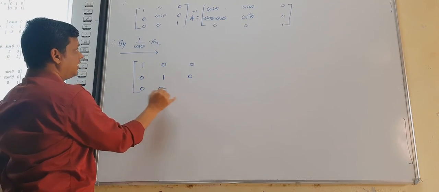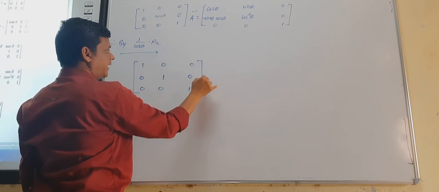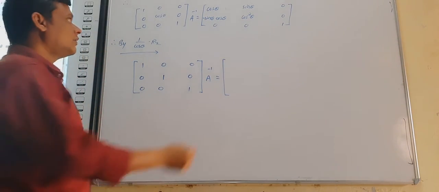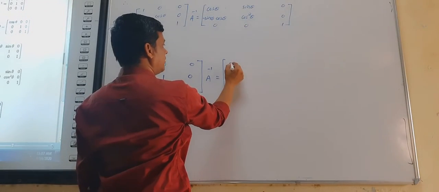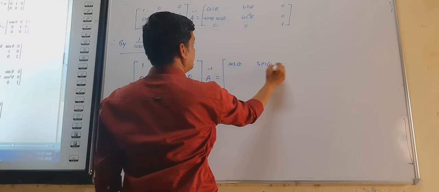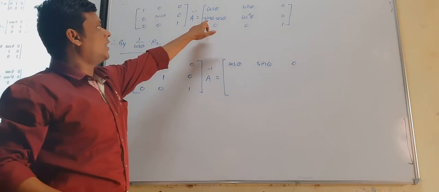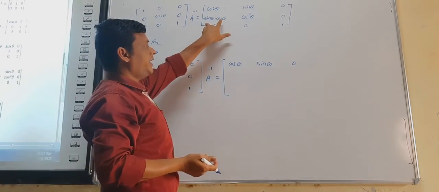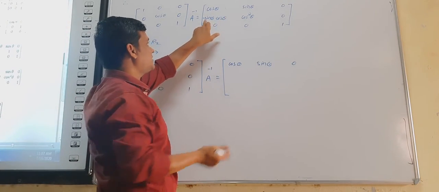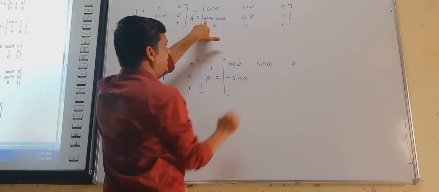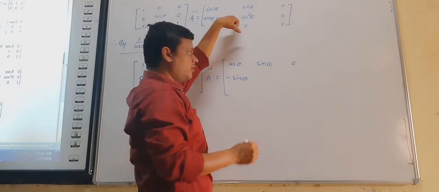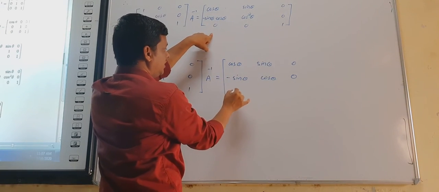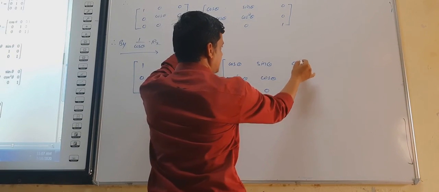Keep the third row element as it is. Now the first row element we write as it is. Now we divide each element of the second row by cos theta. After dividing, cos theta gets cancelled, remaining is minus sin theta. After dividing cos square theta by cos theta, we get cos theta. And here is 0. Keep the third row element as it is.